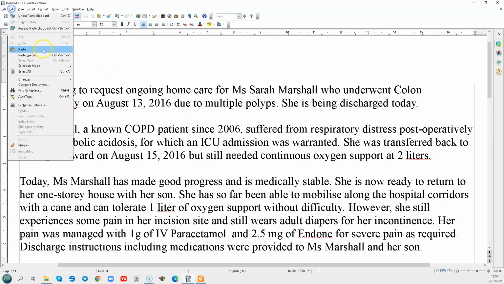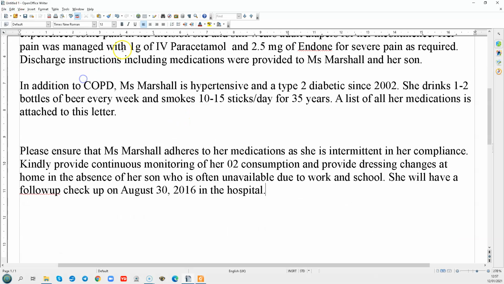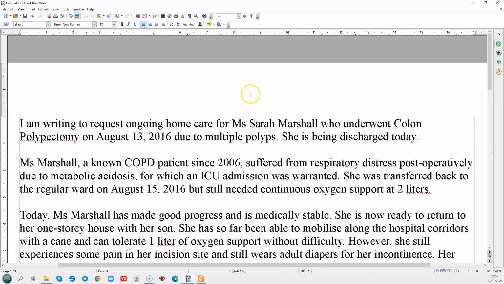So let's make sure we've got some changes on here. Let's have a look, put them on. Okay. Writing to request ongoing home care, Miss Sarah Marshall. Now, what you would usually do, now I don't think there was a reference line, so you would do the dear doctor, and you would have like RE, Miss Sarah Marshall, date of birth.